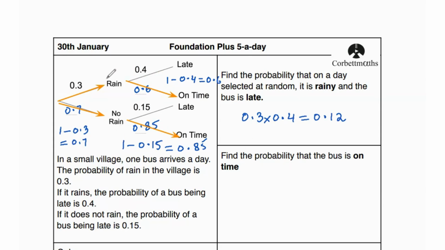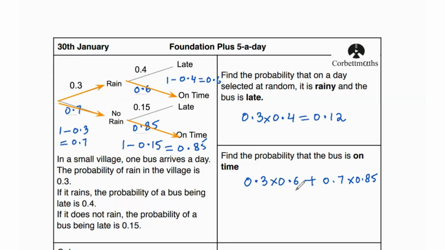So for rain and being on time, we do 0.3 times 0.6, plus it not raining and then being on time, so 0.7 times 0.85. As you can see, when we went along the branches, we multiplied the probabilities. But the moment we went across the branch, to the next possibility for us being on time, we added them.